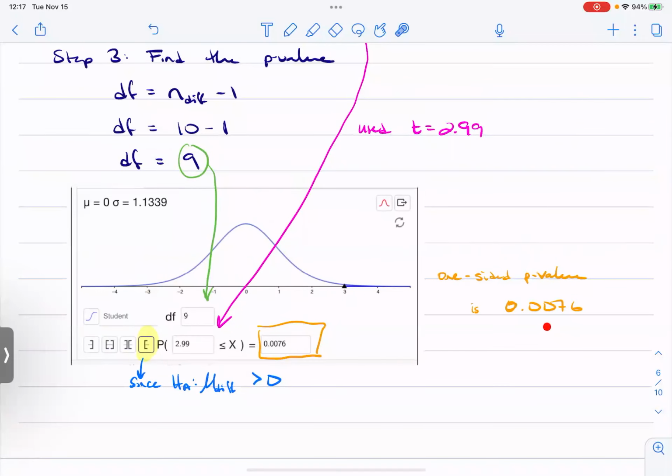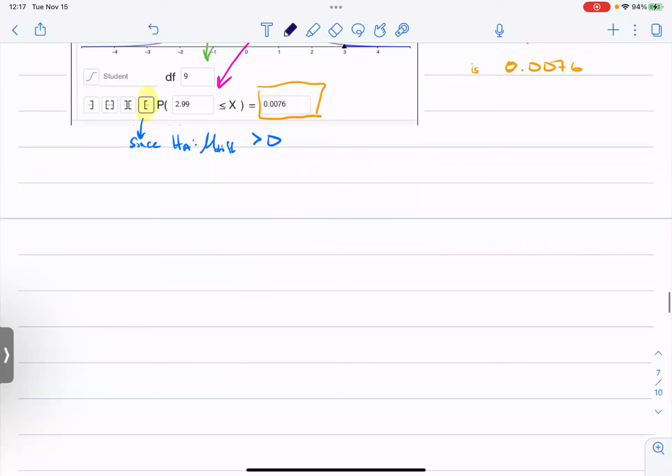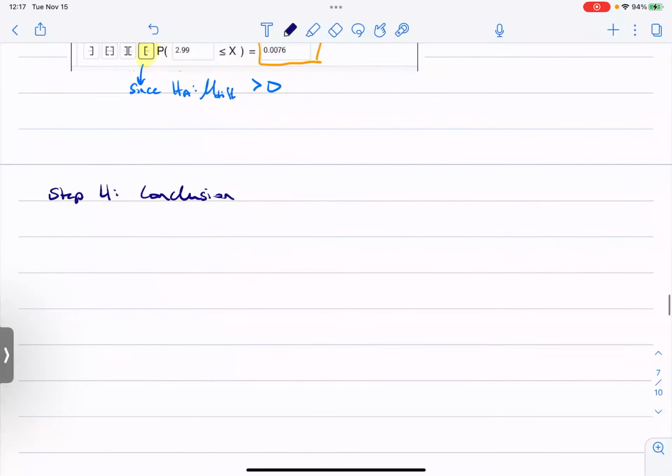Now that we have a p-value, we're ready to finally state our conclusion. All right, so step 4. And I'm gonna do it this time. It's the conclusion. First thing we do is compare the p-value to the alpha level.